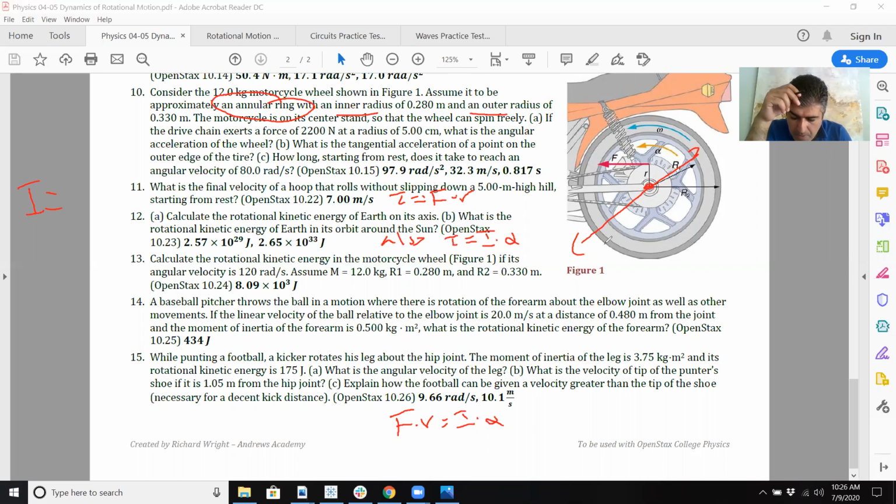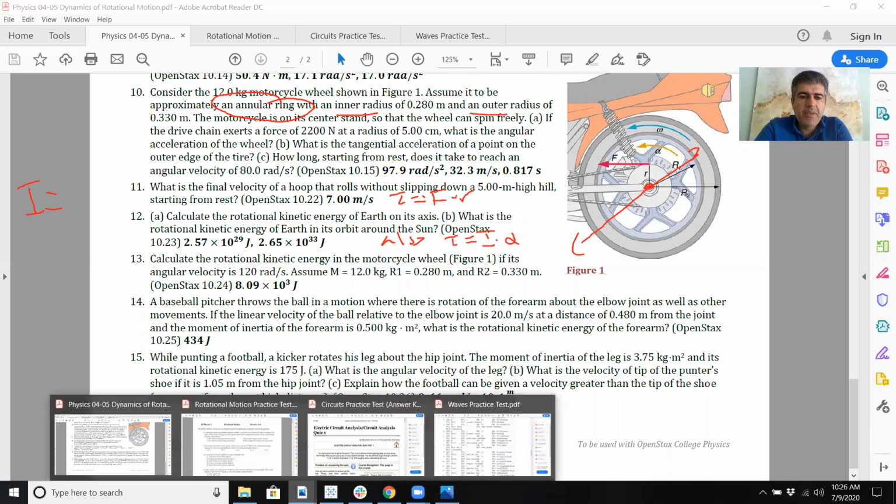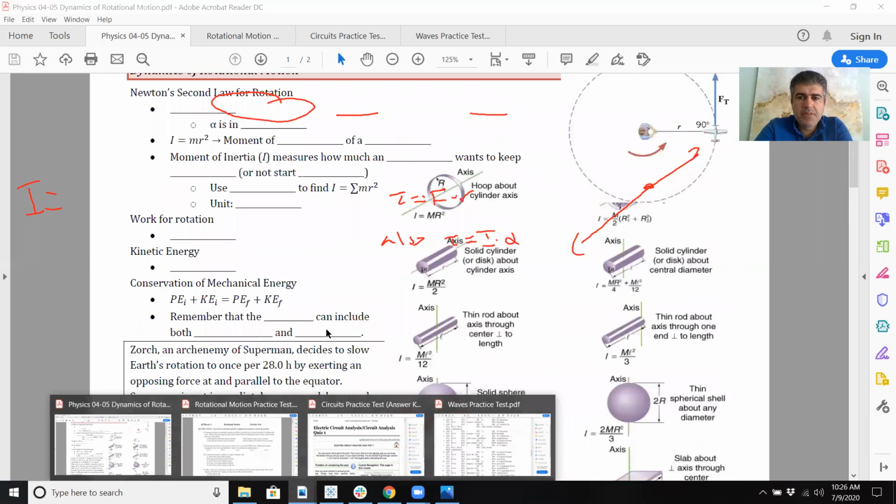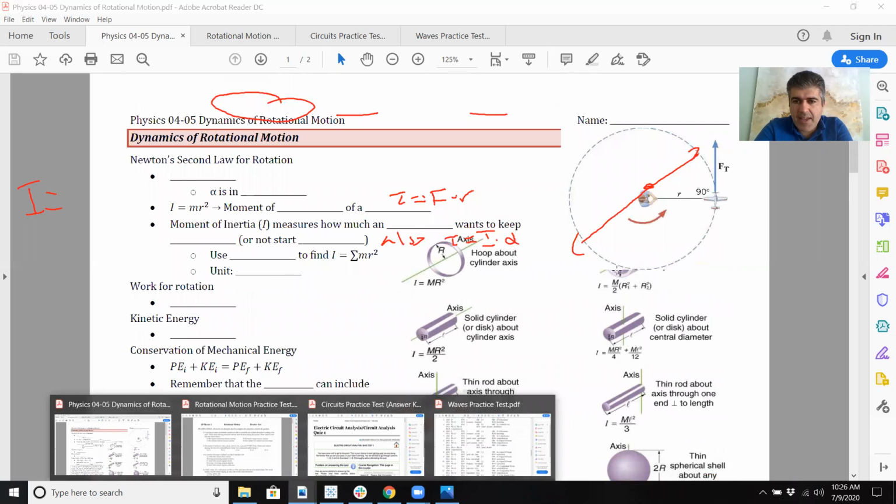Oh, actually, I do see a formula for that. Okay, looks like I got cut off. Maybe that's why you're stuck. Let's look at the notes again. So 4, 5. Yeah, yikes. It looks like I got cut off. It's right here, actually. It's M over 2, and you have to add the squares of the two radii.